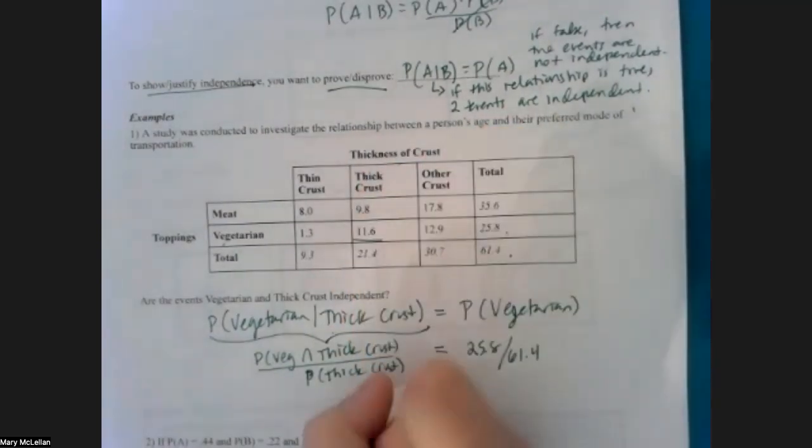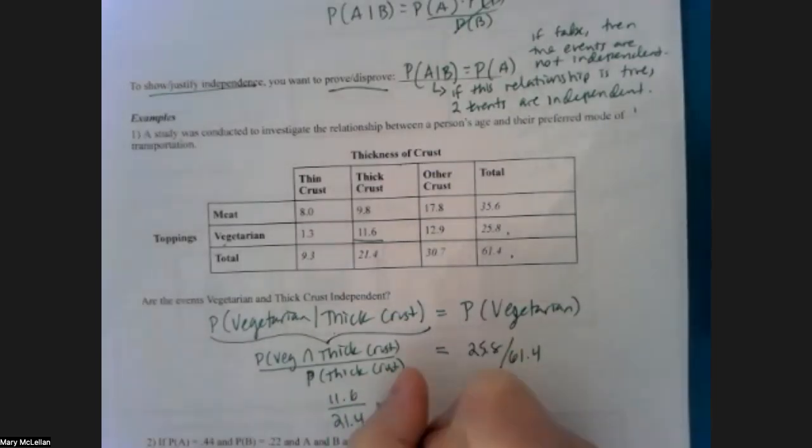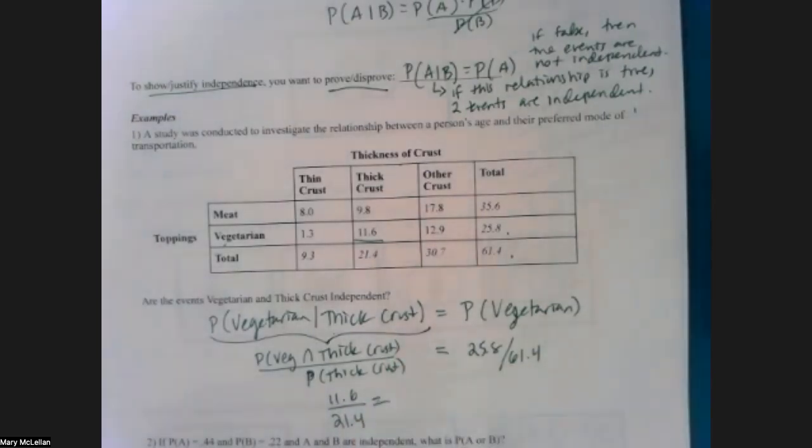That's 11.6 divided by thick crust, which is 21.4, which is equal to, let's use our calculators, 11.6 divided by 21.4.